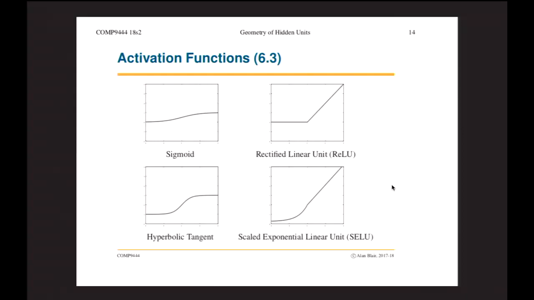The parameters of this linear function and the decaying exponential are specially chosen to preserve the standard deviation from one layer to another. There's quite a complex paper describing this.